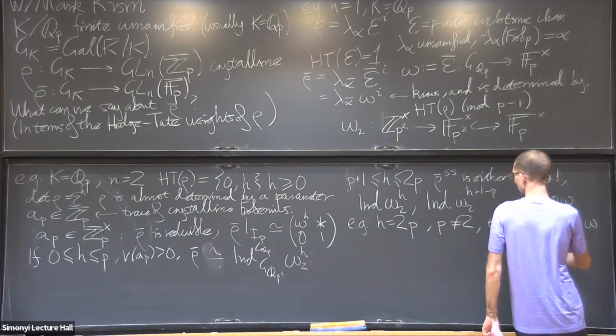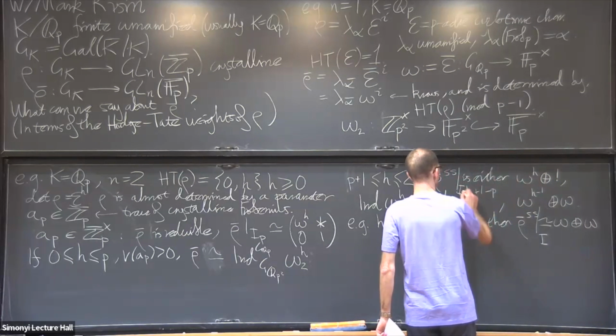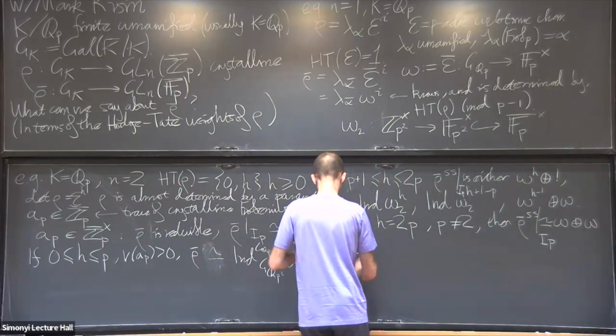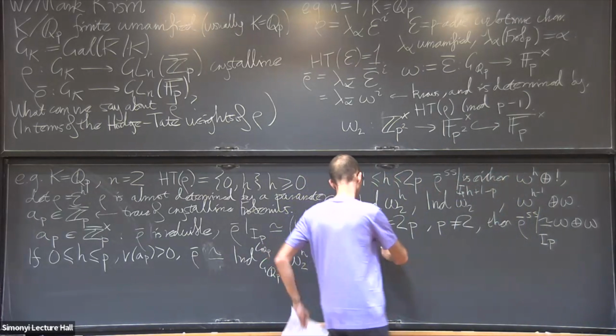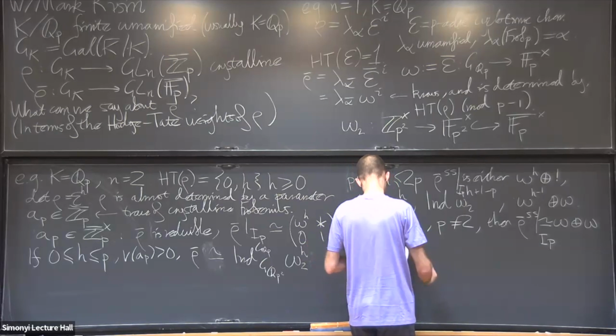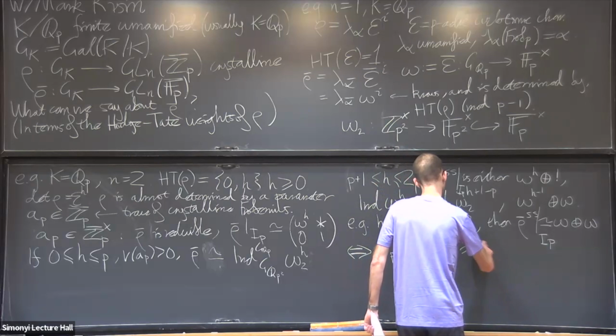So I should restrict it to inertia here, and I can restrict it to inertia here. So this is equivalent to the condition that the p-adic valuation of a_p squared plus p is at least 3 over 2.